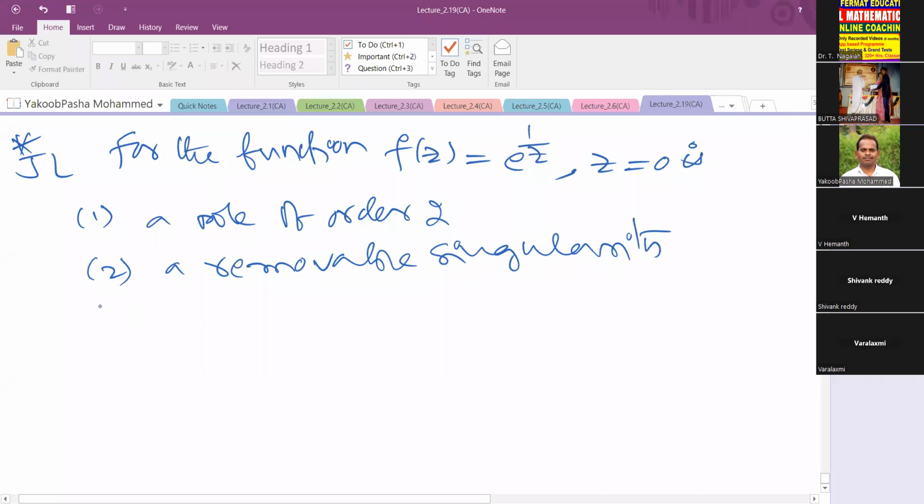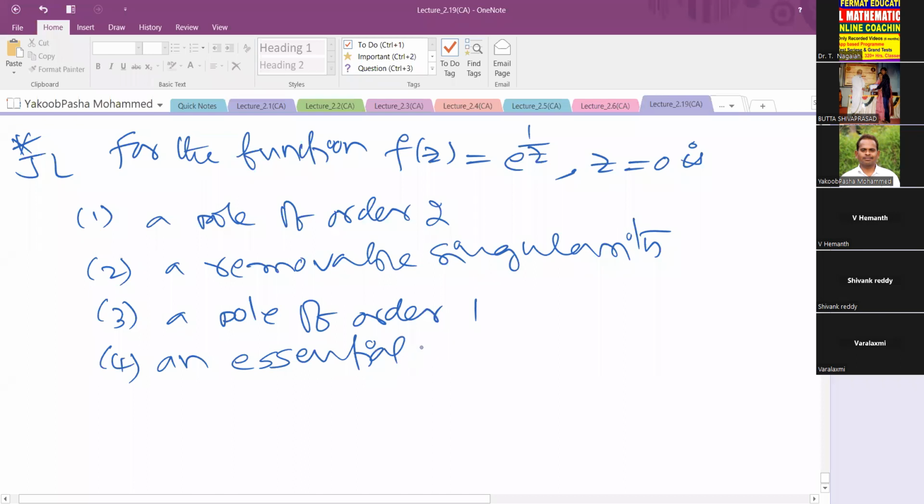Please reply in the chat box. And the third option is a pole of order. It is also a recent previous Gurukul question. And the fourth option is an essential singularity.